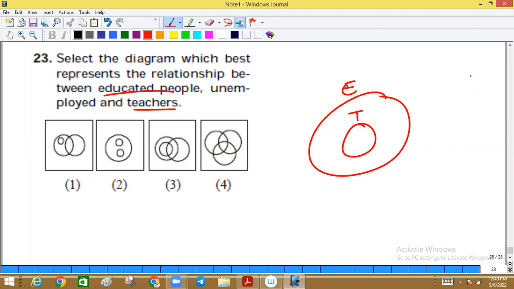What about unemployed? Can I say some teachers are unemployed? During COVID, teachers became unemployed. The moment he loses his job he is unemployed, so we can't say that. So what is the answer? Some educated will be unemployed. First one is the answer.